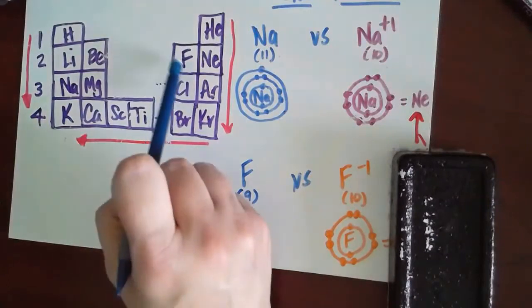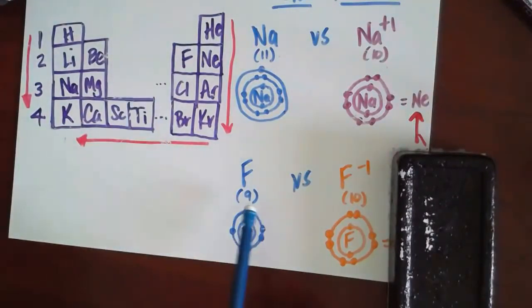Now when you're talking about the other side of the periodic table, here's fluorine, and if you gain an electron, you get bigger. So you technically get bigger because you're including that electron. Now I know you guys are going, wait a minute. Just a few minutes ago you told me that if you add more electrons, it actually has a greater pull toward the center. Remember, we're only talking about ionics.